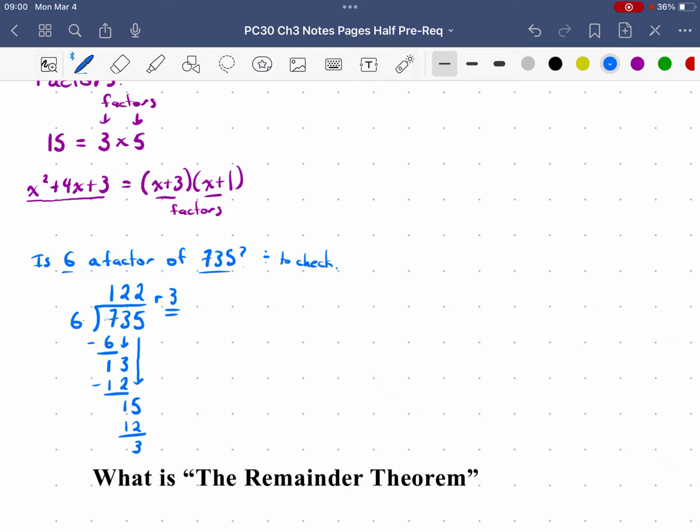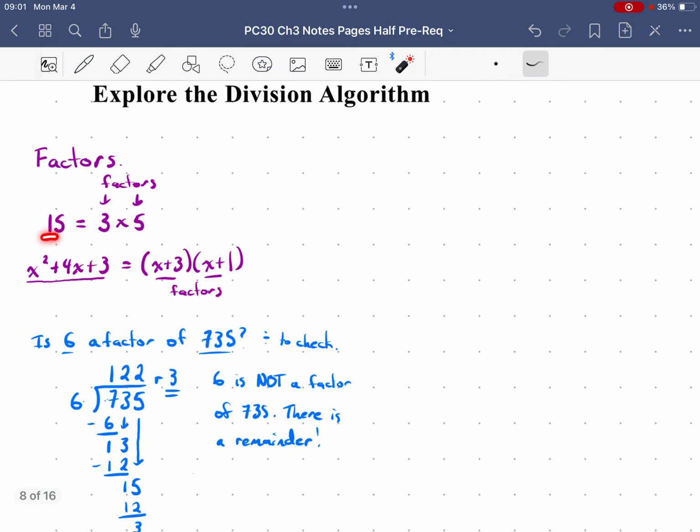Now, because there is a remainder, 6 is not a factor of 735. So we say 6 is not a factor of 735. There's a remainder. All right, now if we go back up here, we saw how we had 15 is equal to 3 times 5.